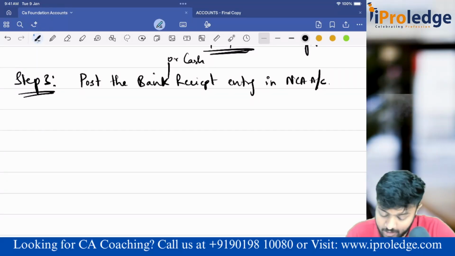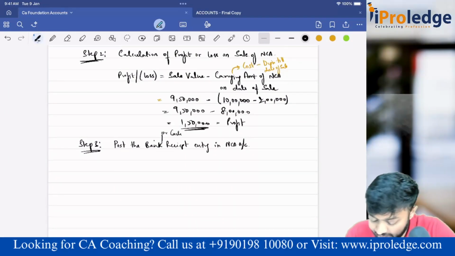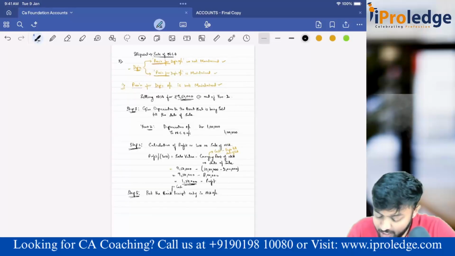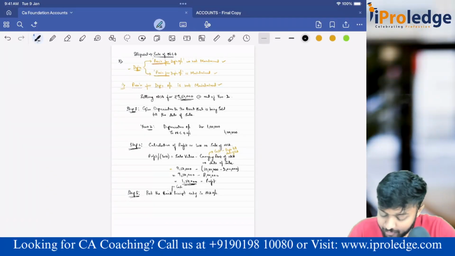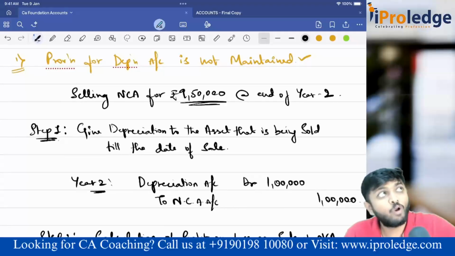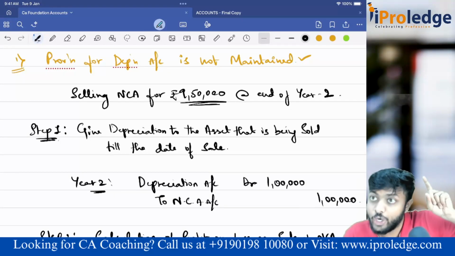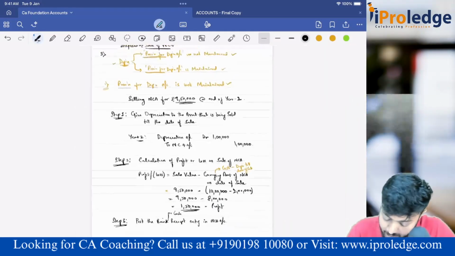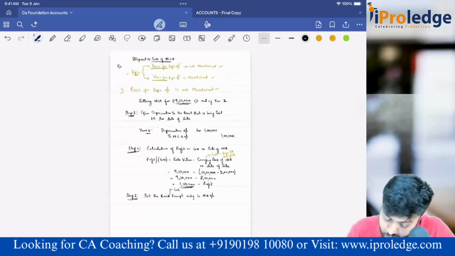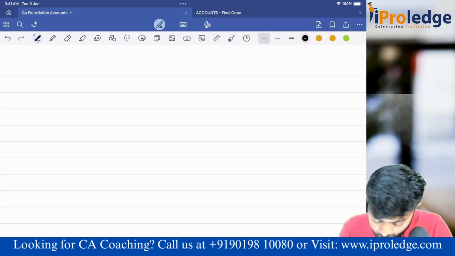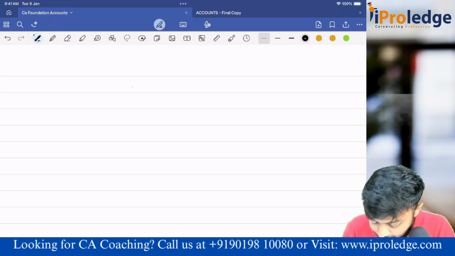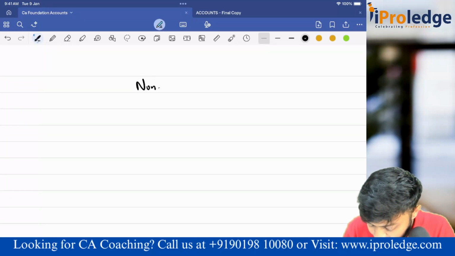Okay, I'll show that. So these are the steps that you have to follow whenever there is selling of non-current asset and provision for depreciation account is not maintained. Okay, now let's do the posting for this example. Okay, now come on, what is the posting? Let's assume this is the non-current asset.